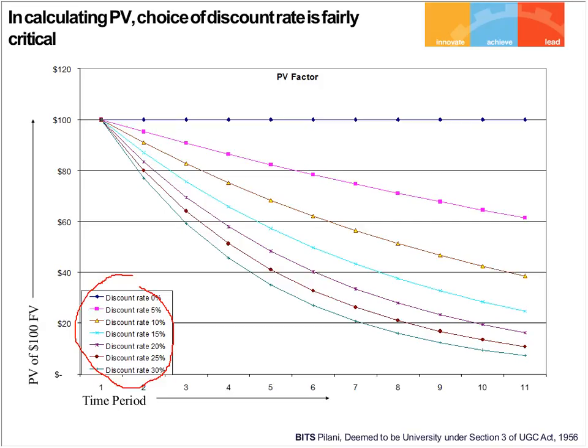But generally speaking, whenever inflation is adjusted into the interest rate, the government, the RBI, will declare that. So we are not doing it ourselves, and we do not include that in our calculation. What we are trying to understand and learn in this course, Managerial Corporate Finance, is how to calculate. If I am taking a loan from a bank, how do I calculate the right payment and the right interest rate?